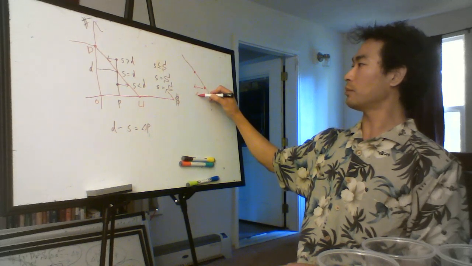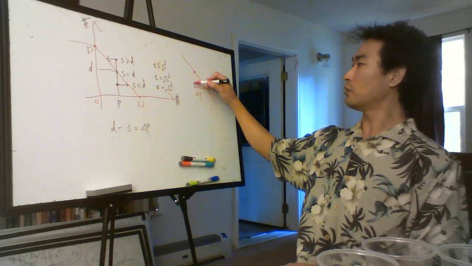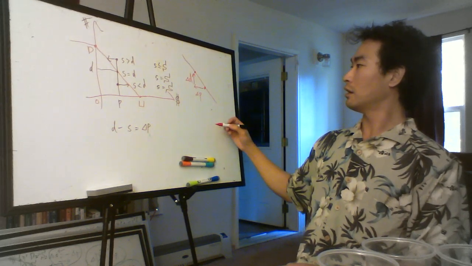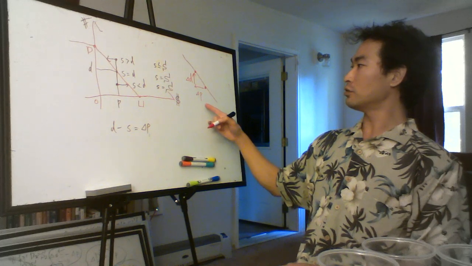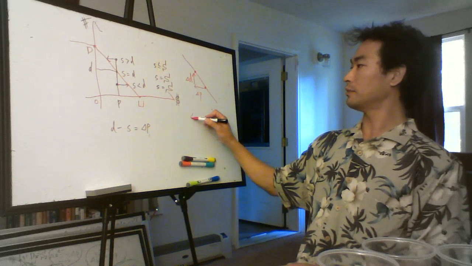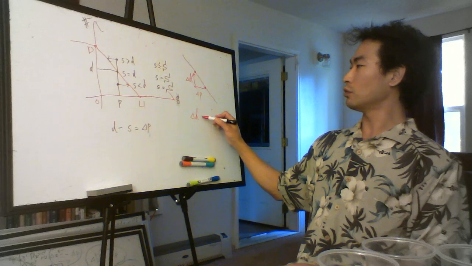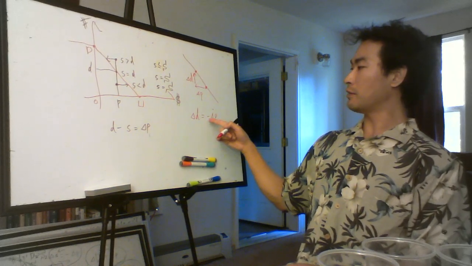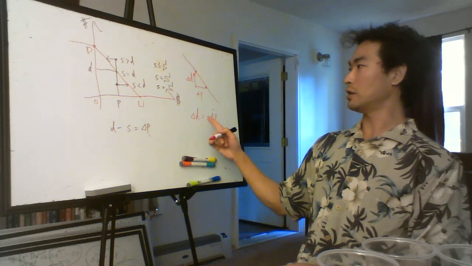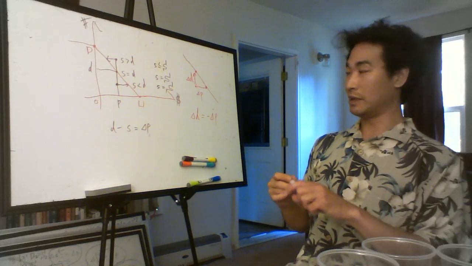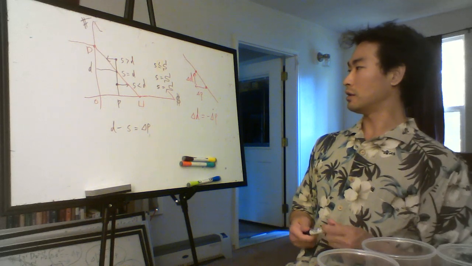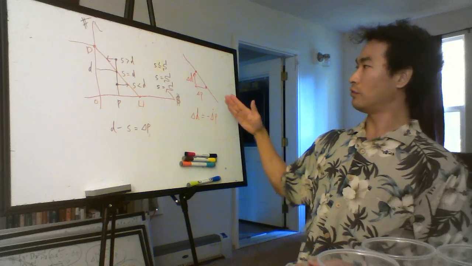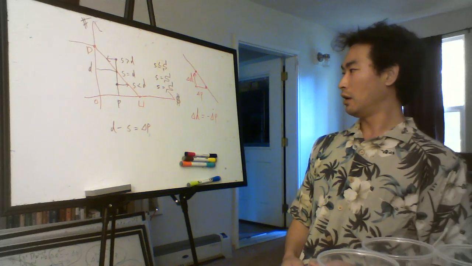So that's delta P, and the demand will go up. So that's delta D. And the relationship is negative, right? So that's why delta D is equal to minus delta P, because when price goes down, minus times minus is plus, right? So delta D, demand, will go up within this curve.